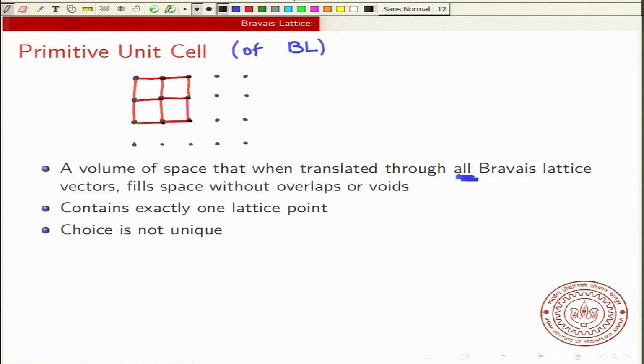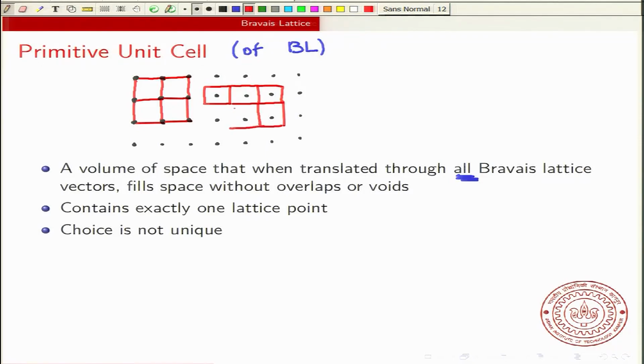Now, let me show you another choice, and I will just extend the lattice here to illustrate it. Let me take a cell that looks like this, and you can see that if you extend it, you again fill up space without any voids or overlaps.